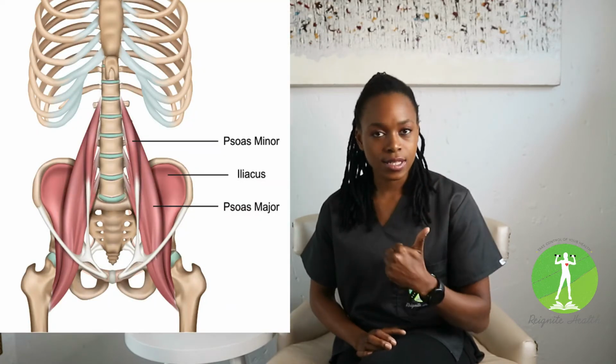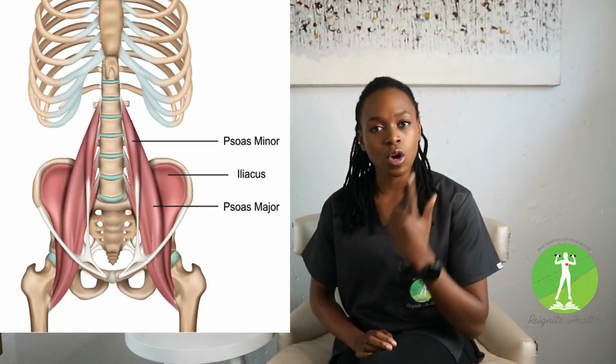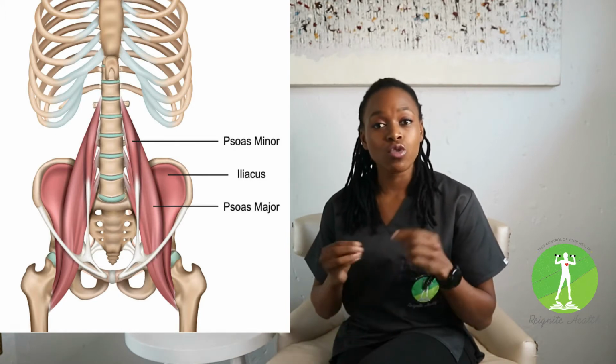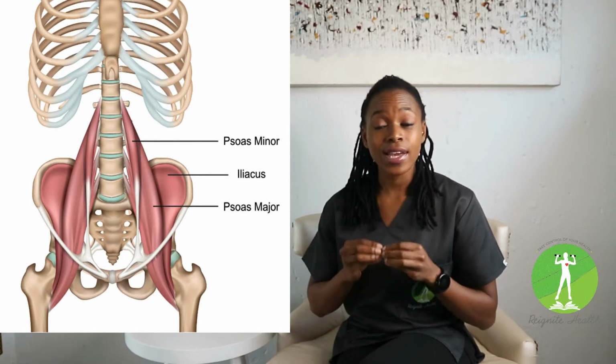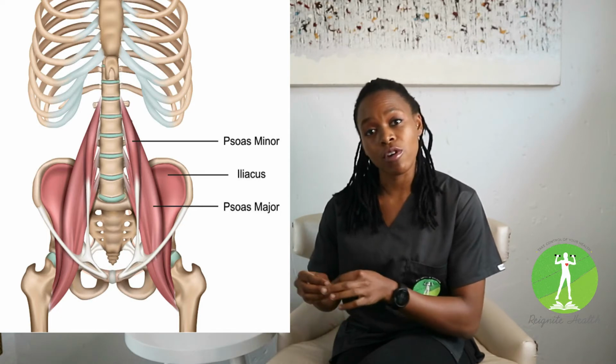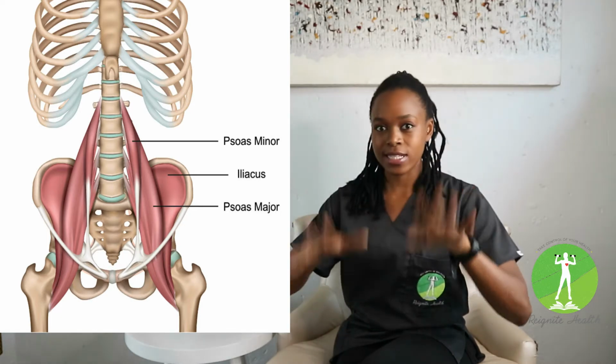Then you have these other 2 muscles that are a culprit for lower back pain as well. The first one is iliacus muscle. The other one is psoas muscle. We generally group them together and call it the iliopsoas muscle. All right. So those generally flex the hip.